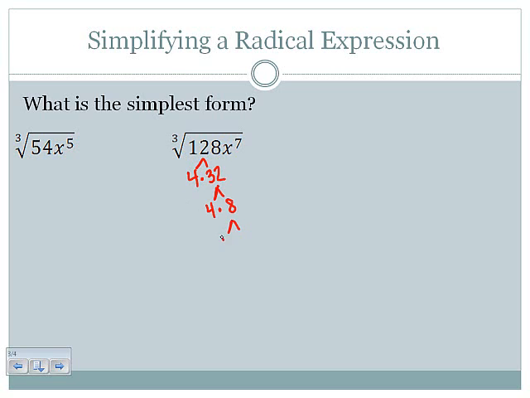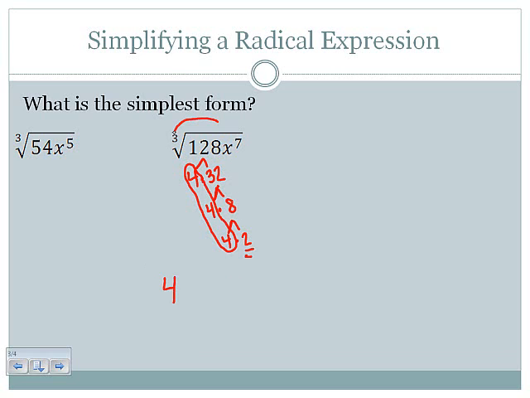And 8 breaks down into 4 times 2. Since I'm looking for groups of 3, I find that there are 3 4s in 128. So I can take out a 4. The 2 left over will go back into the root.